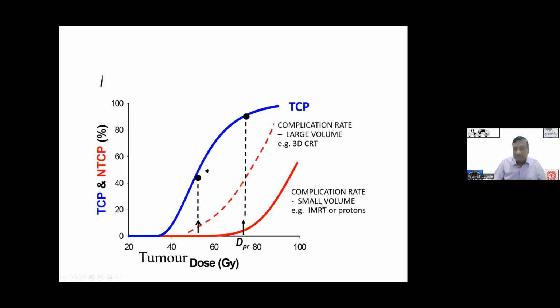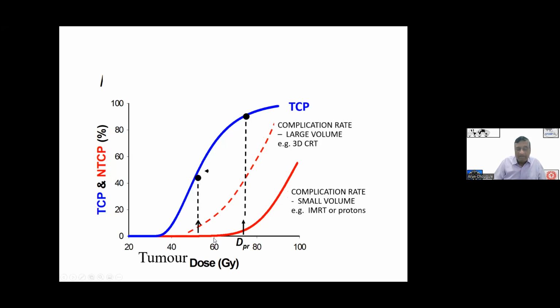But with a smaller field and smaller volume, and now newer techniques like conformal radiotherapy, IMRT, adaptive radiotherapy, IGRT, where tight margins are there, the normal tissue involved is very, very little, so we can escalate the dose with very little or manageable comorbidity, and achieve a better tumor control probability.